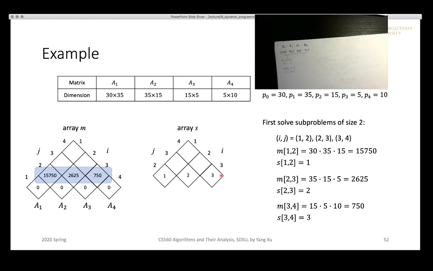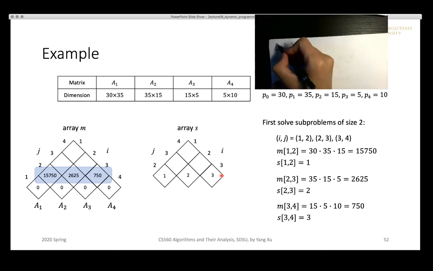Okay, so now we have solved all subproblems of size 2. This is quite easy, because there's just one K for each subproblem, right?